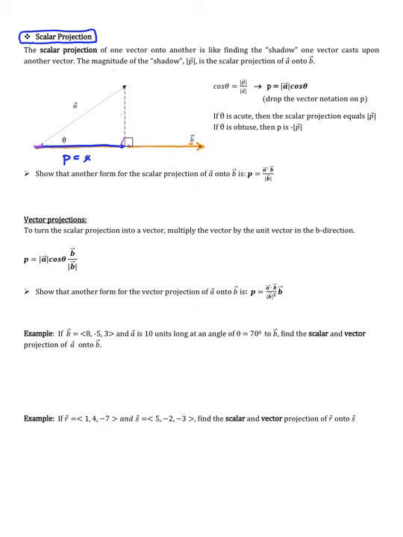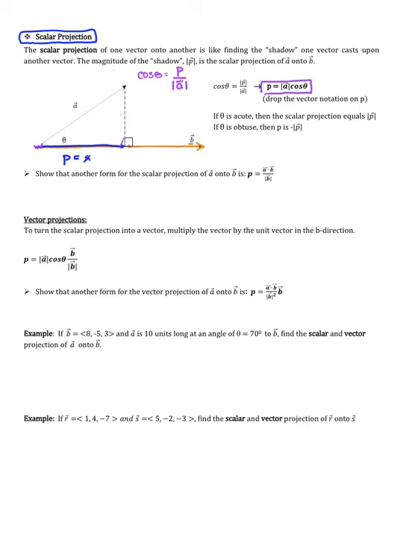So a scalar projection is basically, we're going to start off with just right triangle trig. That's really all it is. We know that the cosine of that angle is the adjacent, which is just P as a scalar, over the hypotenuse, which as a scalar would be the magnitude of A. And if I then isolate my P, notice I get what we would call a scalar projection.